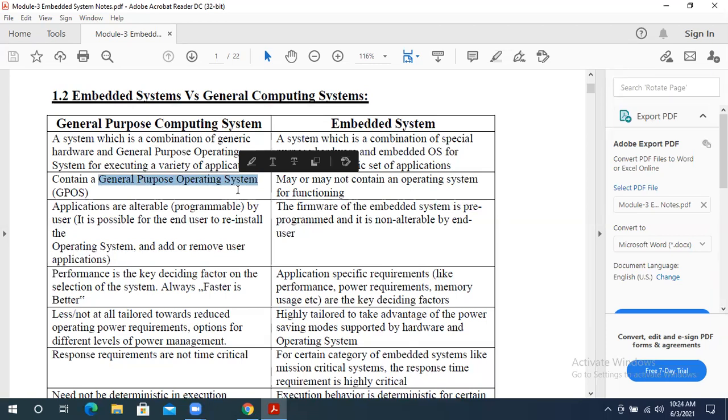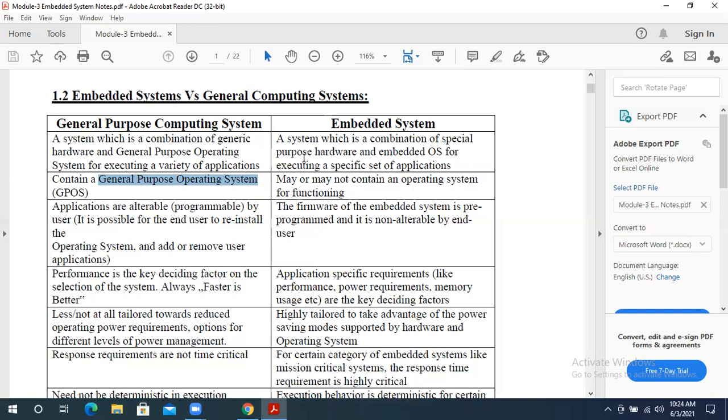But when it comes to embedded, they have a specific OS for the specific machine. Like for an AC, we have to use different software or a different OS, and for the oven, we have to use a different OS. That's why it depends on which device you are using. In the embedded system it is like that, but in the first it is called a GPOS, which is nothing but a general purpose operating system here.